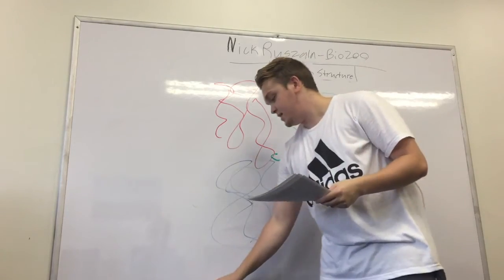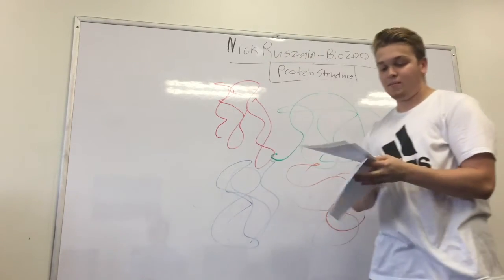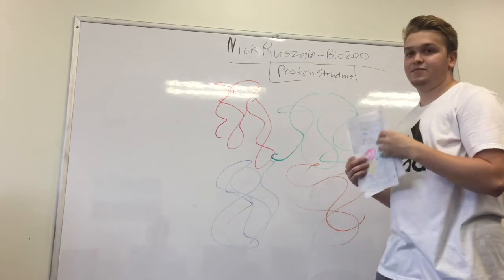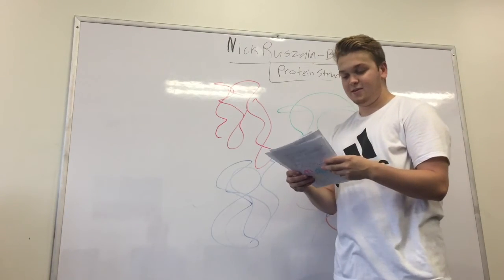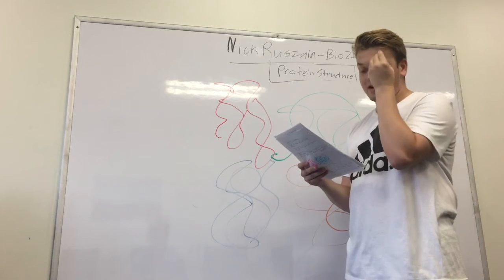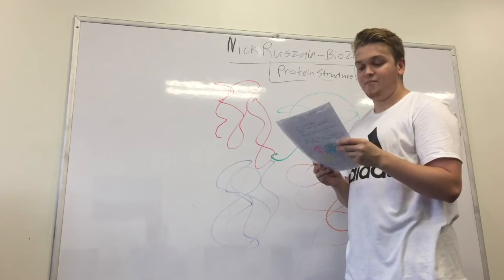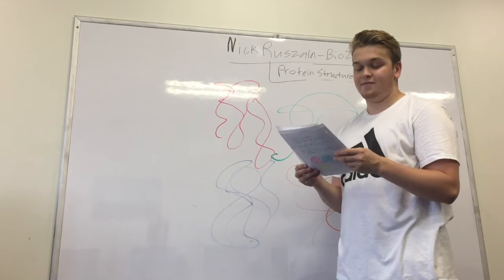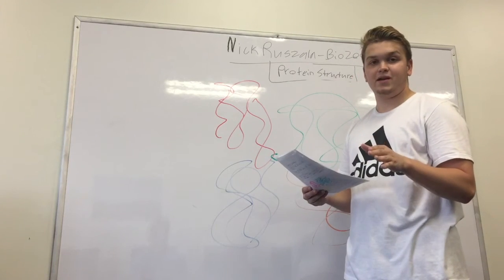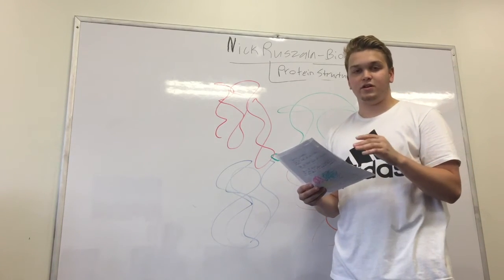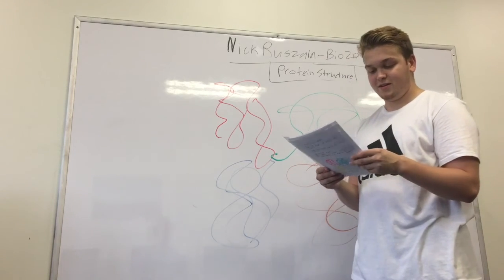All right, so yet again, the primary structure, which is just the definition of a protein, has very strong covalent bonds. Secondary structure, you're going to have those hydrogen bonds, but there's a good amount of hydrogen bonds, so it's relatively strong, but not as strong as primary structure.